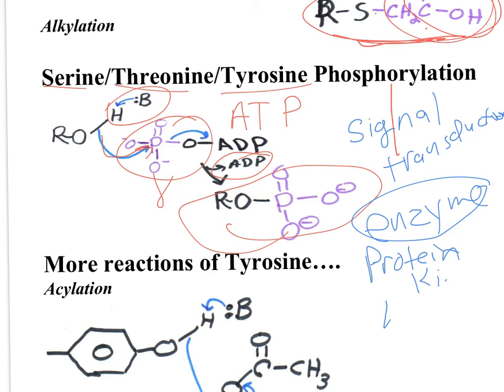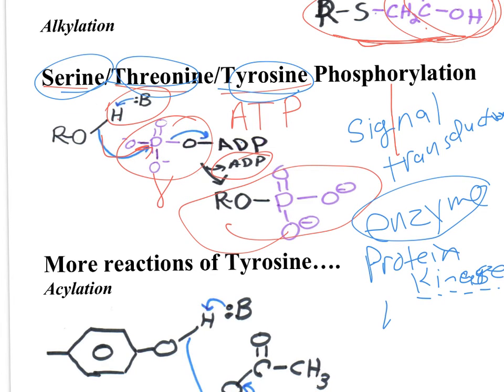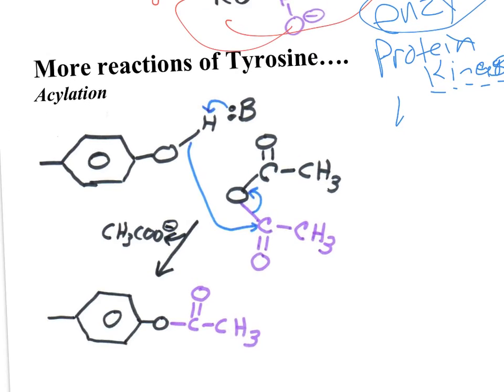Kinase is the type of enzyme that helps facilitate phosphoryl transfer from ATP to either serine, threonine, or tyrosine. I think it's kind of cool.